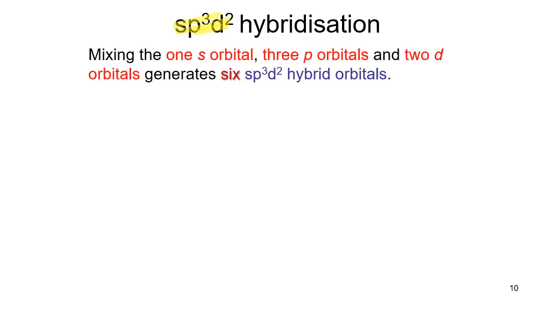The last example for the hybrid orbital is sp3d2 hybrid orbital, and in order to form this new hybrid orbital, we need to mix one s orbital with 3 p orbital and together with 2 of the d orbital. Therefore, you can generate 6 sp3d2 hybrid orbitals.